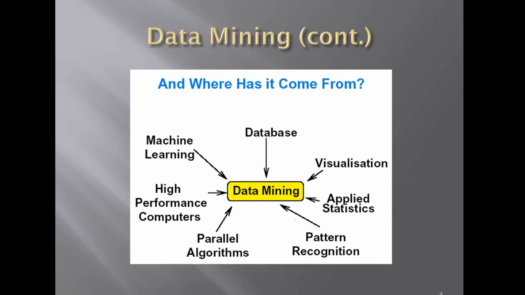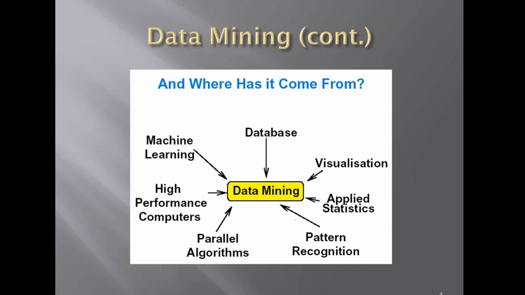Now, let's just take a quickly look at where it came from. Where did it start from? You see here the 6 components of data mining. Going clockwise, we have a database. We have visualization software.